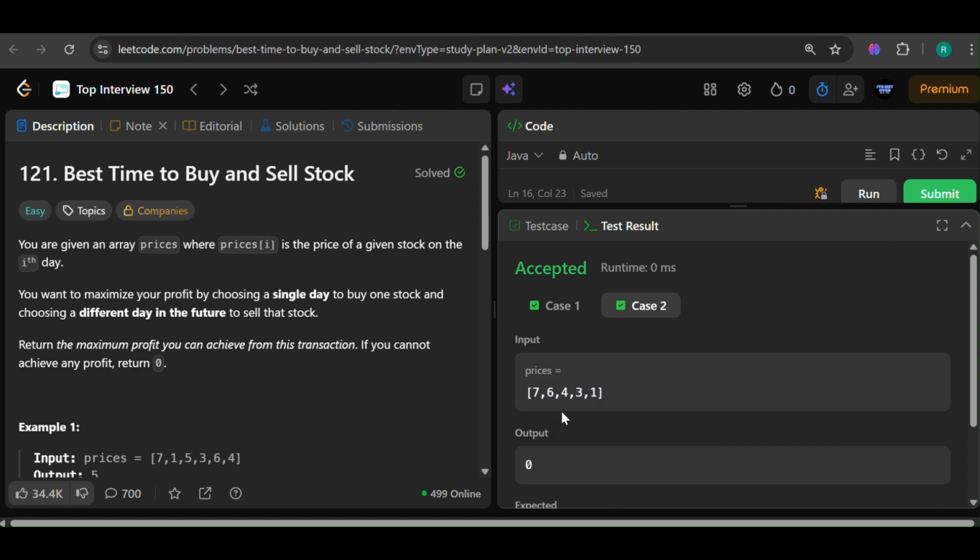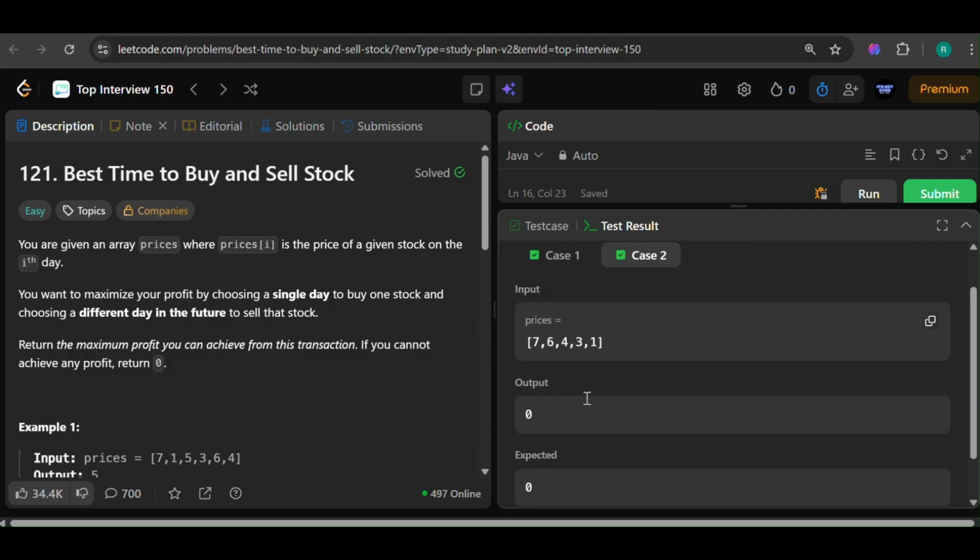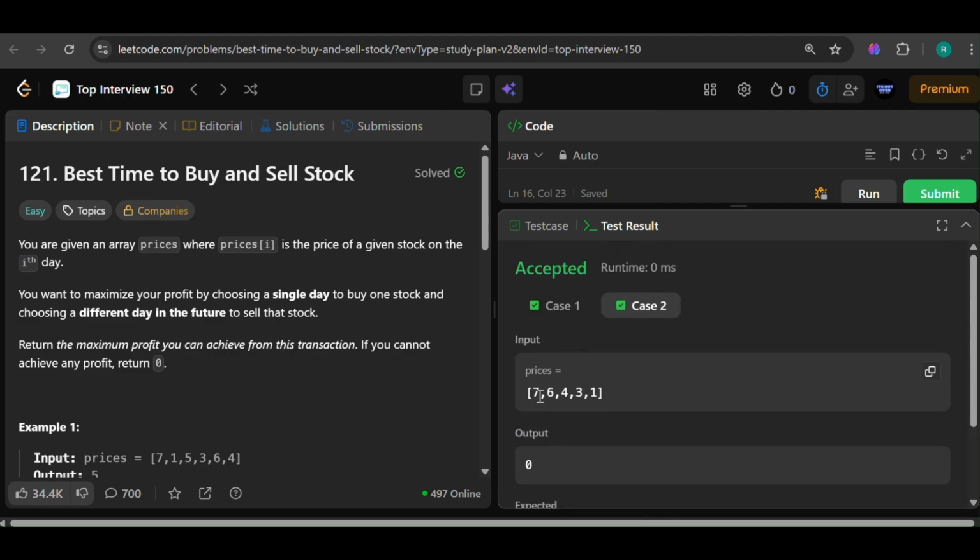I choose a minimum day as my minimum element, and I don't have any profit. I choose a minimum day to buy the stock, and after this day I don't have any day to sell. That's why it is written as zero.